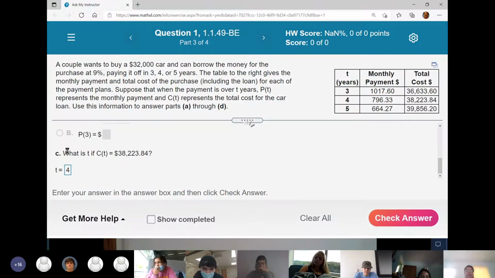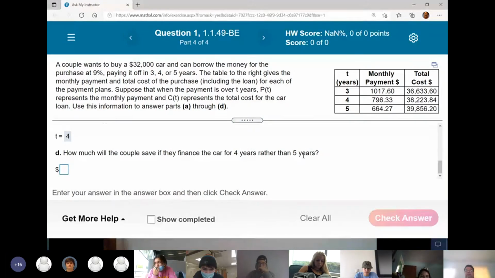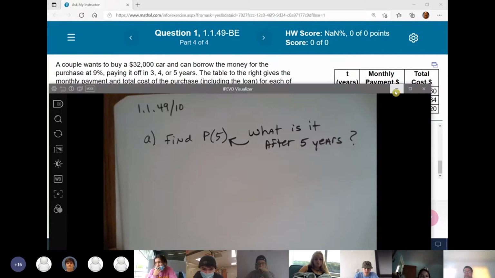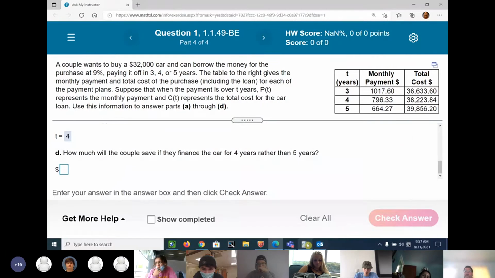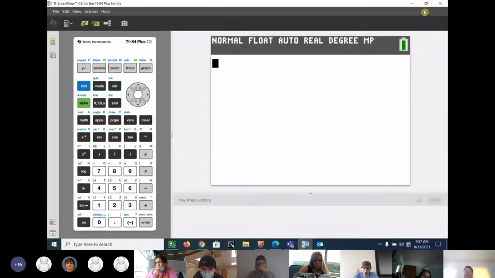How much will the couple save if they finance the car for 4 years instead of 5? Well, you pull out your handy dandy calculator and you take 5 years and you subtract 4 years.